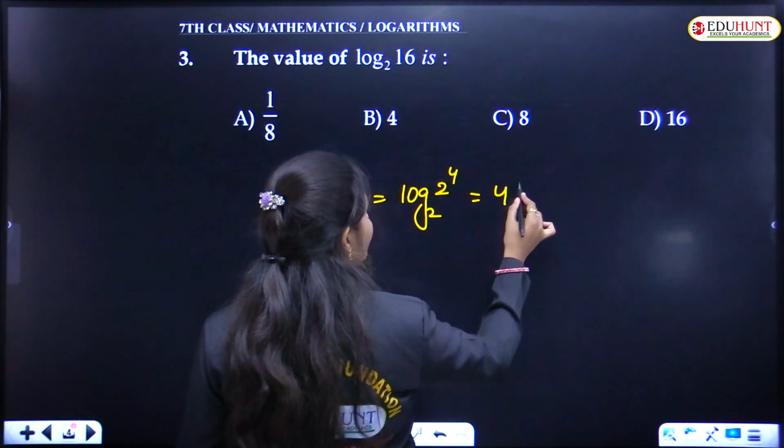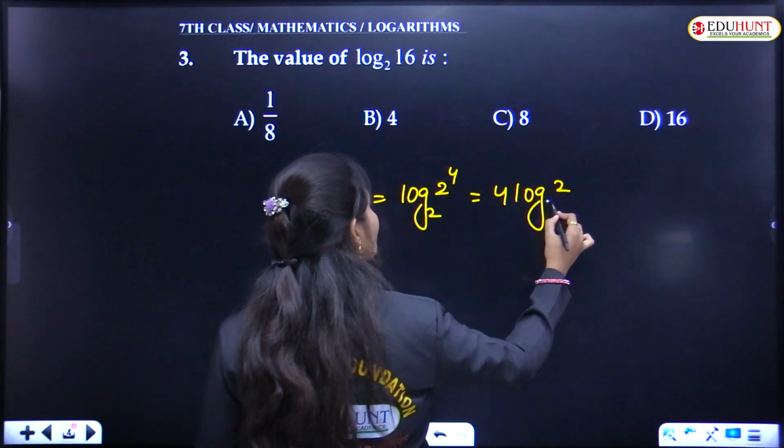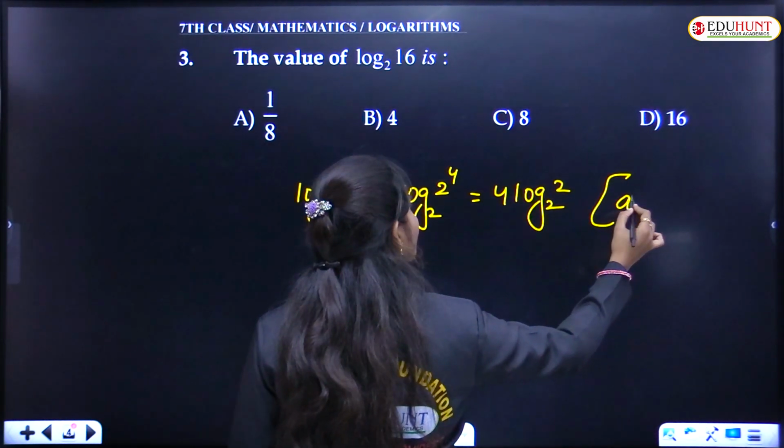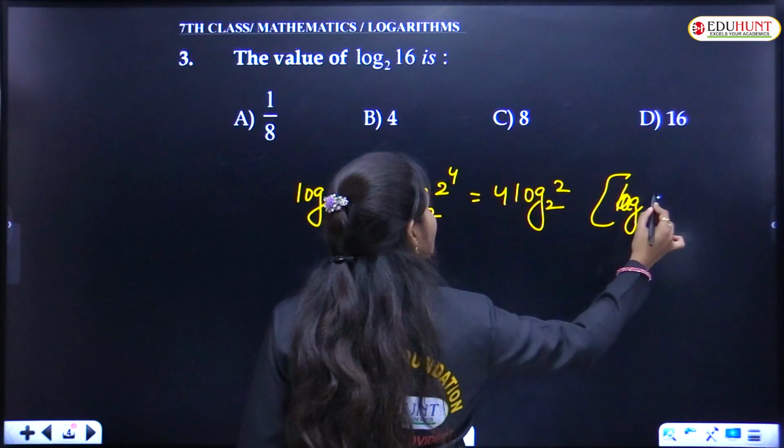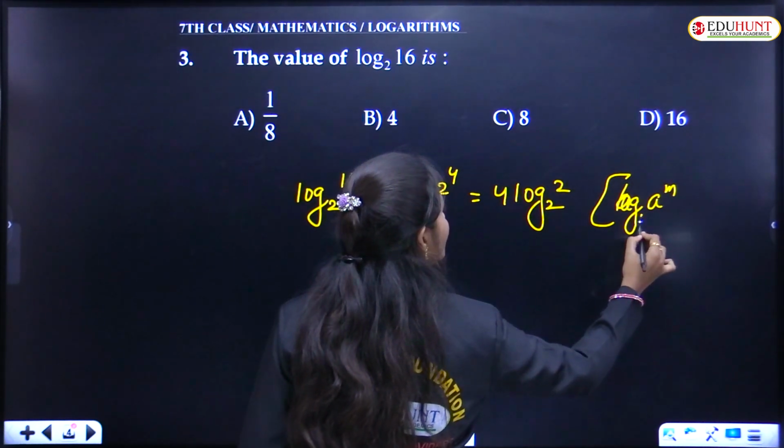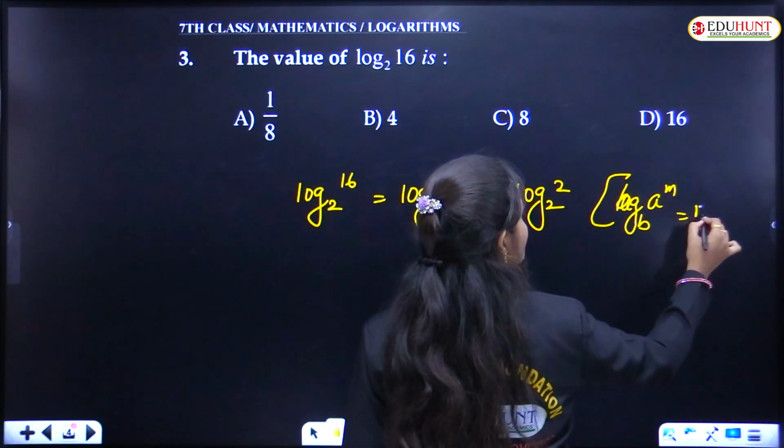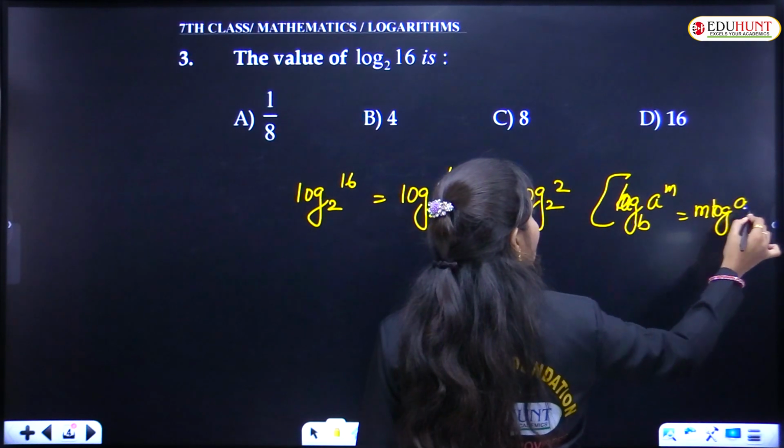Now this becomes 4 log 2 base 2. Why? Because the formula is log a power m to the base b is equal to m log a base b.